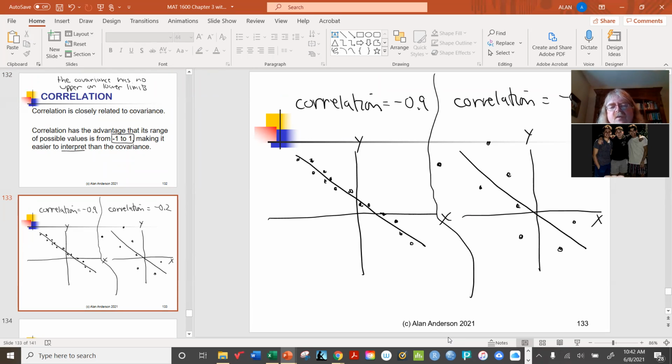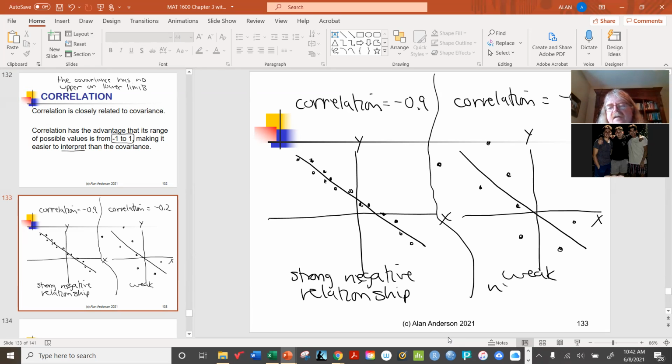So that means that this first one is a strong negative relationship. This one is a weak negative relationship.